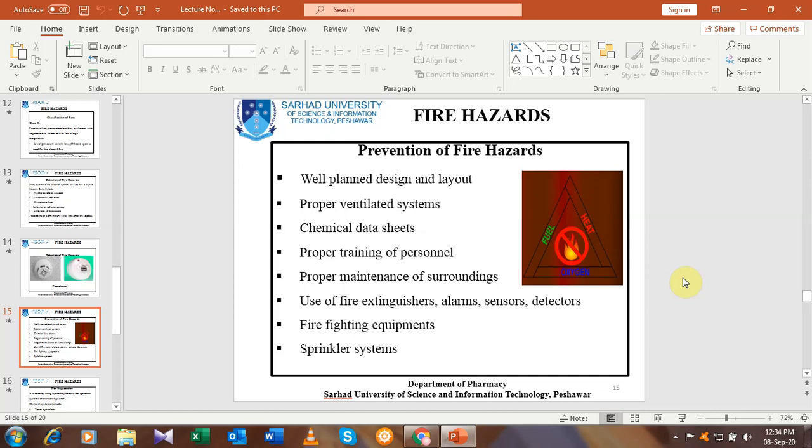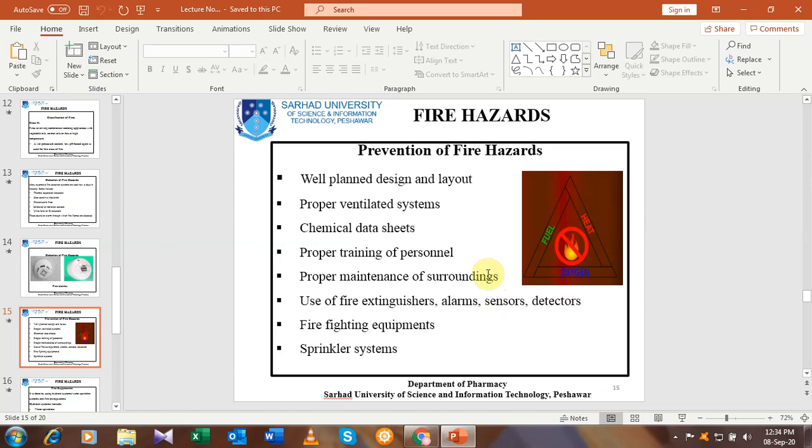As you know in this figure, fuel, heat and oxygen are ready for the fire, and if we handle the chemicals properly and consult the chemical sheets, the fire hazard will be controlled.